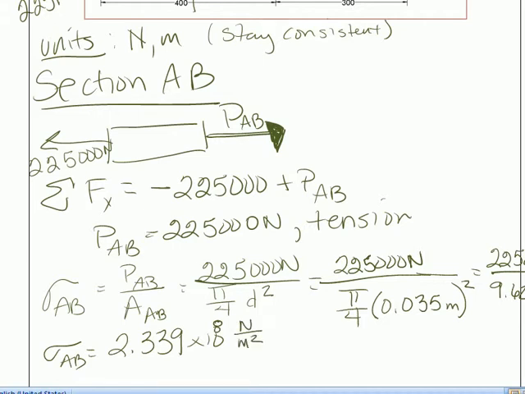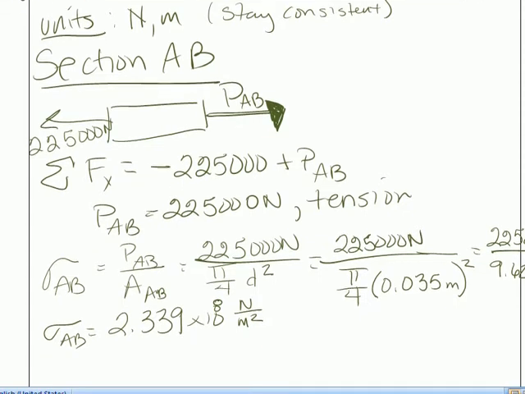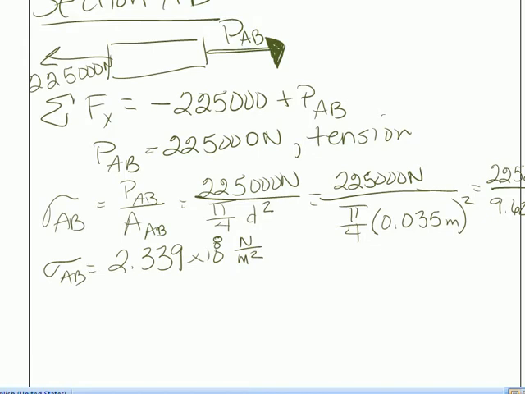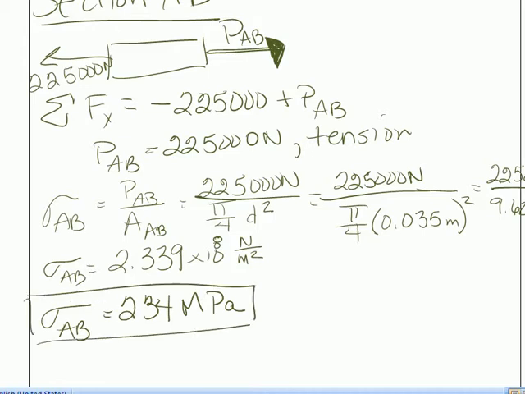Converting that out to standard metric units, we have 234 megapascal. So that's our stress in section AB.